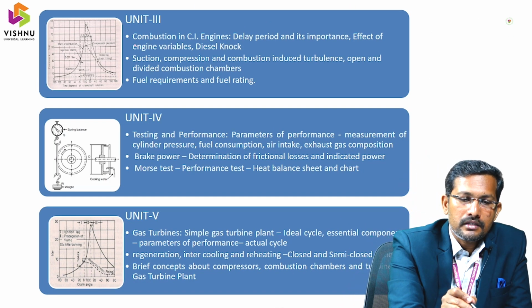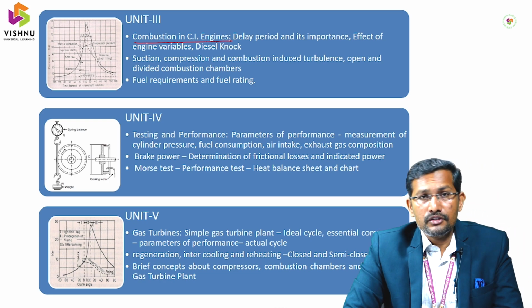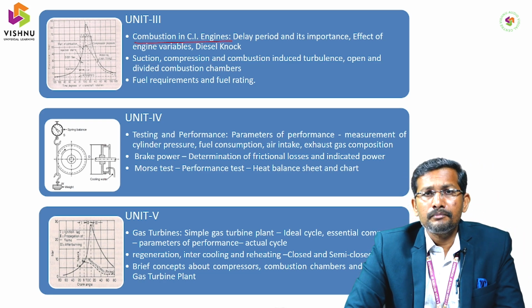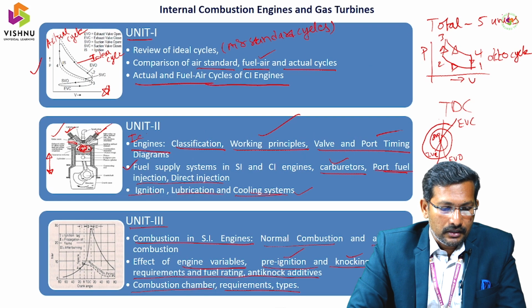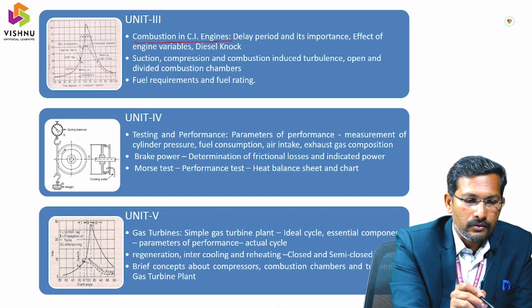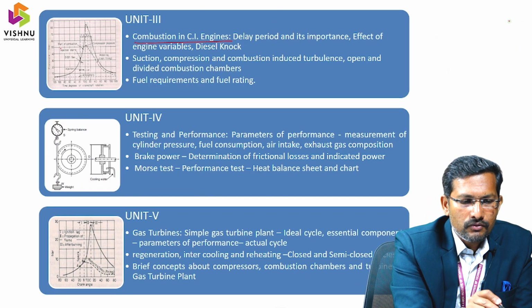This is combustion in CI engines. CI means compression ignition engines, where we have a fuel injector. In the graph, we have stage 1, the start of combustion, the compression pressure, and fuel injection.